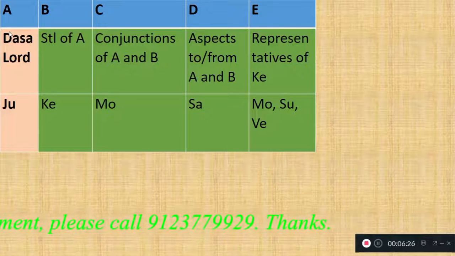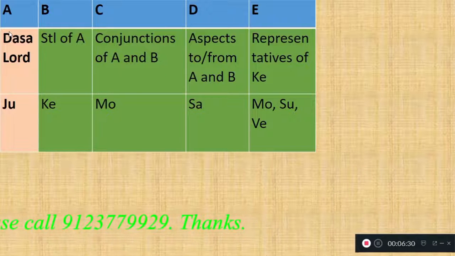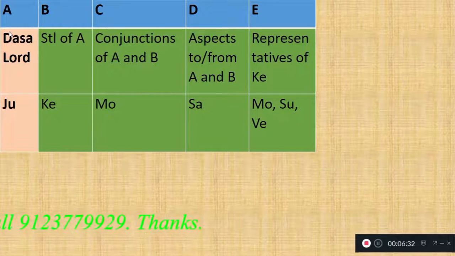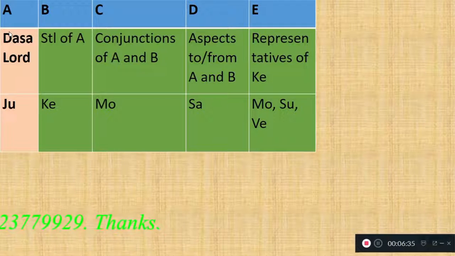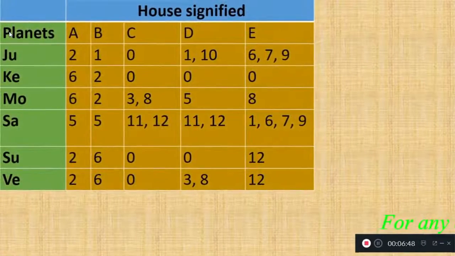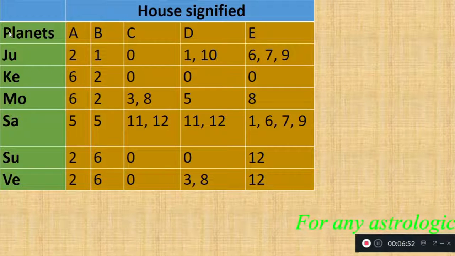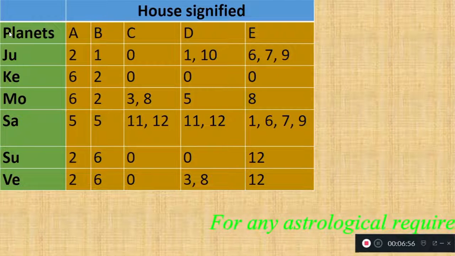So in the Dasha of Jupiter, the native will get the results from the significations of Jupiter, Ketu, Moon, Saturn, Sun and Venus. Here Moon comes twice. Now this is the list of houses signified by Jupiter, Ketu, Moon, Saturn, Sun and Venus.